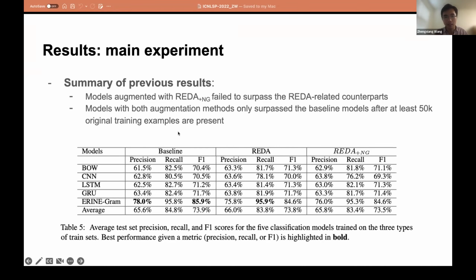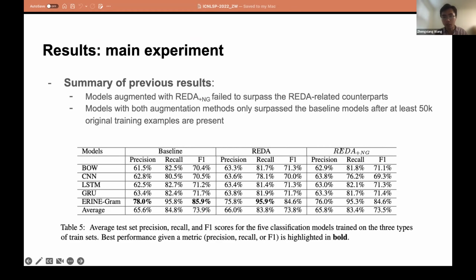And here are some other metrics: the precision, recall, and the F1 score. But please note that since the corpus is label balanced, the accuracy score is enough to differentiate the differences between the results.